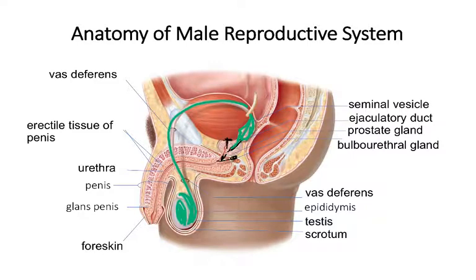It's a duct that goes through the prostate gland, which is a midline structure here. And then we have these tiny little glands called the bulbourethral glands that also contribute to semen. And then the urethra.